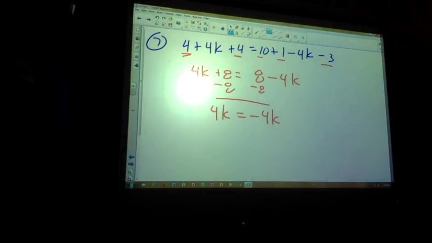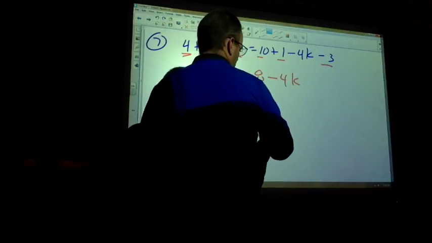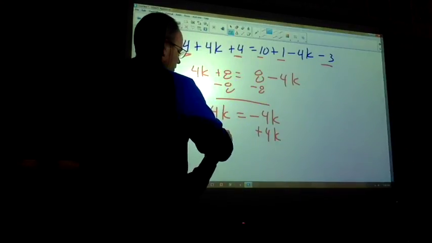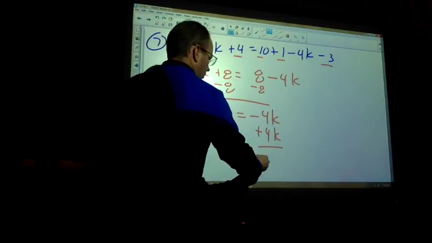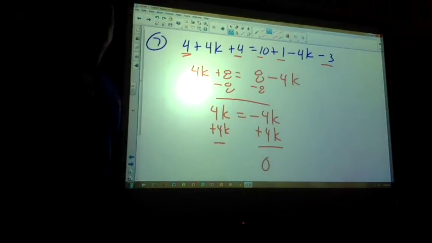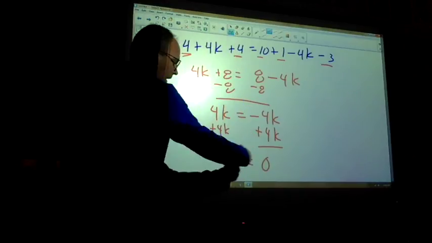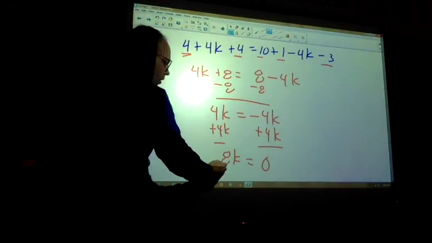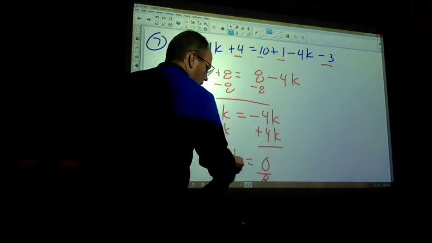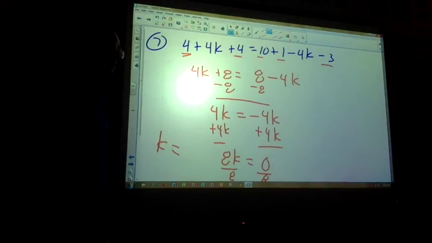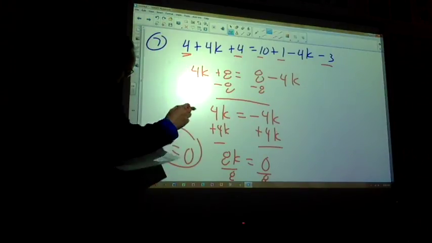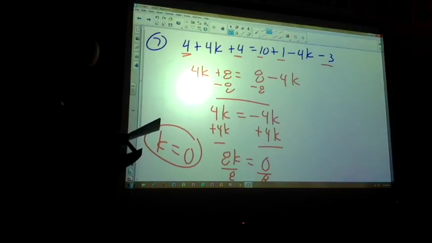What does that mean? Oh, hang on. I'm just going to add 4k to both sides. What is 4k added to 4k? 8k. So if I get 8k equals 0, divide each side by 8. What's 0 divided by 8? 0. My answer is 0. Wait, why are you adding 4? Don't you subtract 4k?